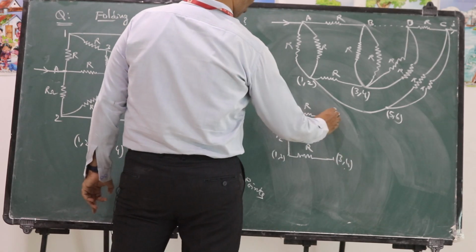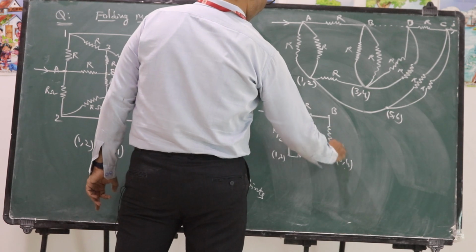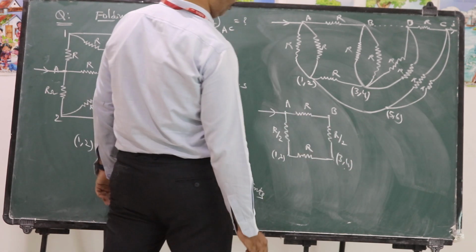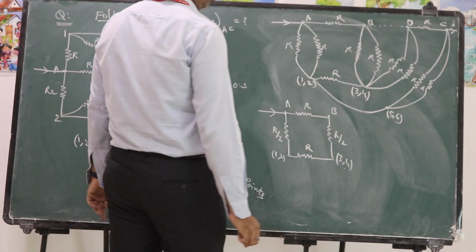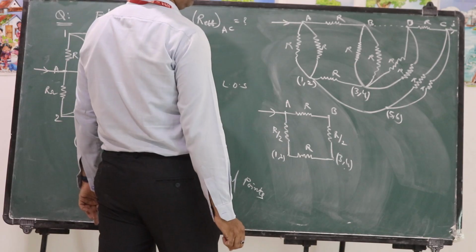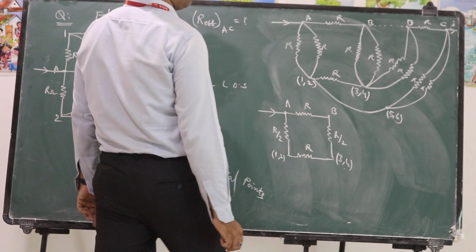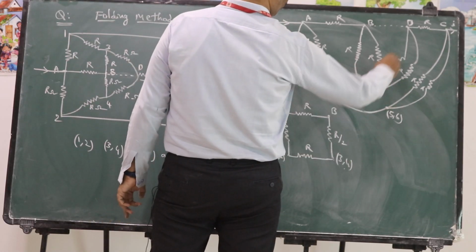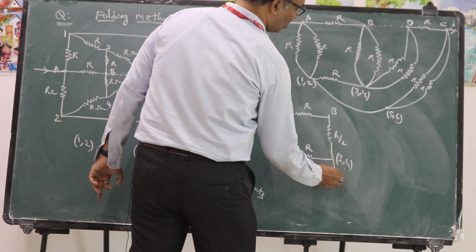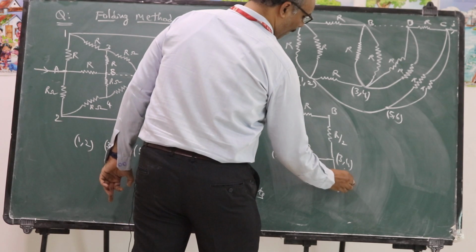Between B and 3, 4, you have R by 2. And there is 5, 6. 3, 4 and D. Here is a resistor of resistance R by 2.